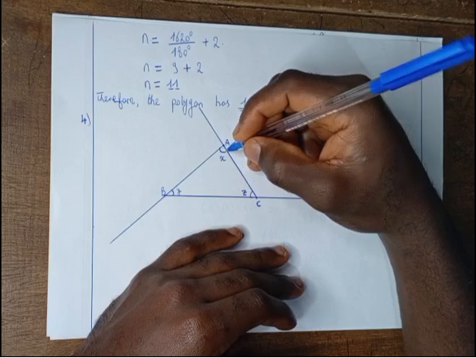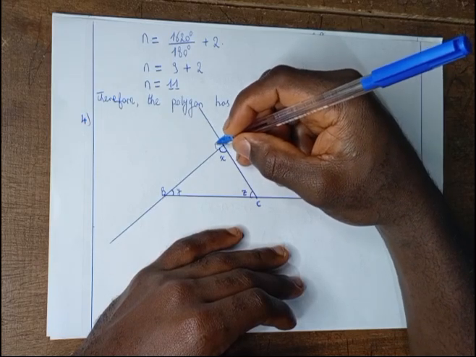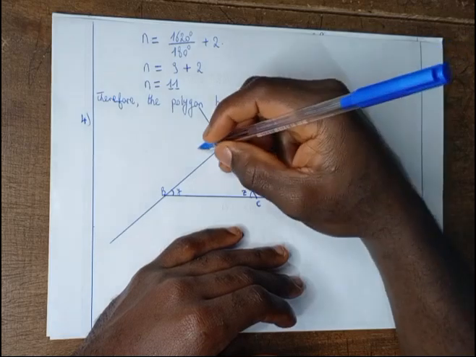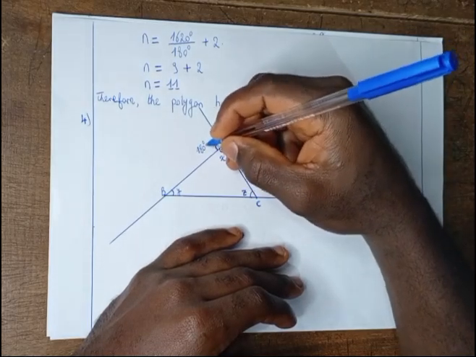If this angle is already X, then this remaining angle will be 180 degrees minus X.